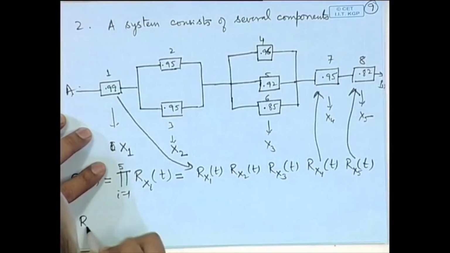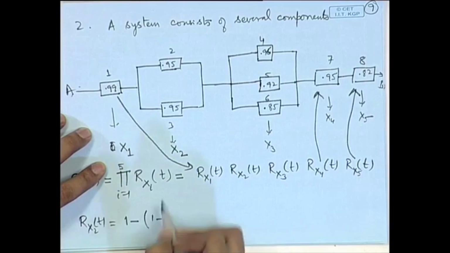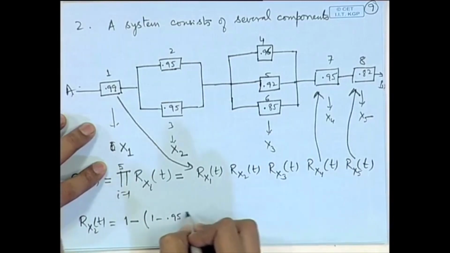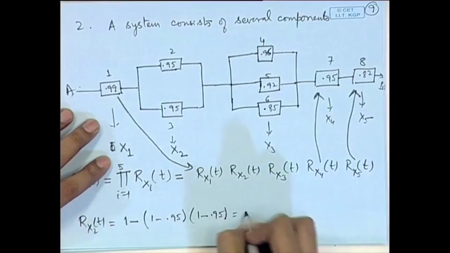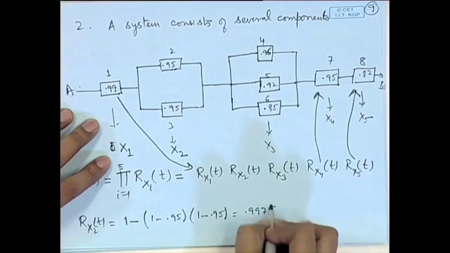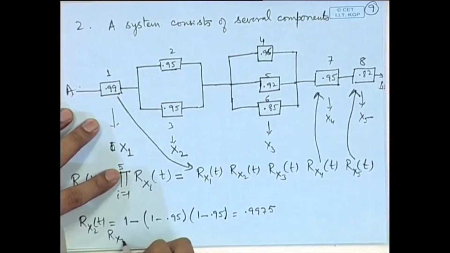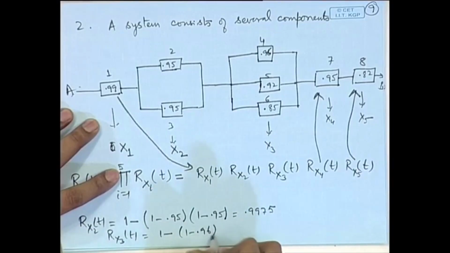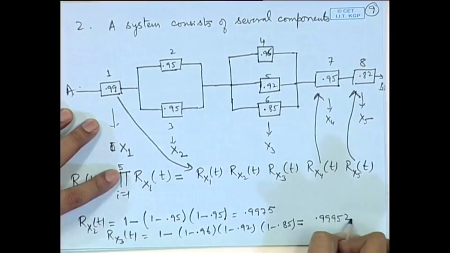If we look at R_X2(t), it is equal to 1 minus (1 minus 0.95) into (1 minus 0.95), which is equal to 0.9975. Similarly, the reliability of the third system, R_X3, is equal to 1 minus (1 minus 0.96)(1 minus 0.92)(1 minus 0.85), which is equal to 0.99952.